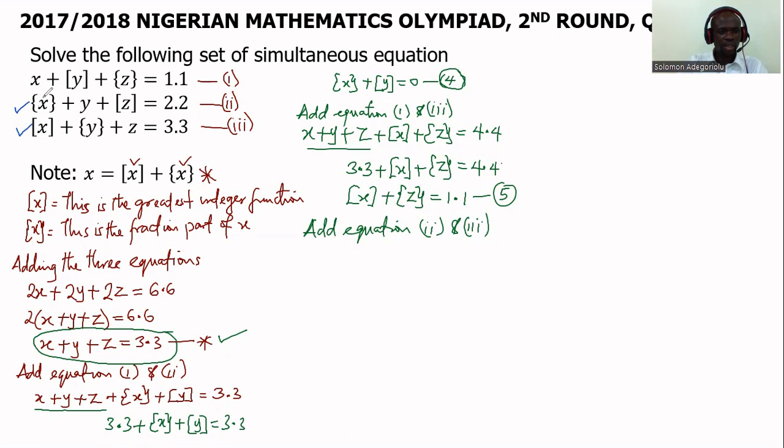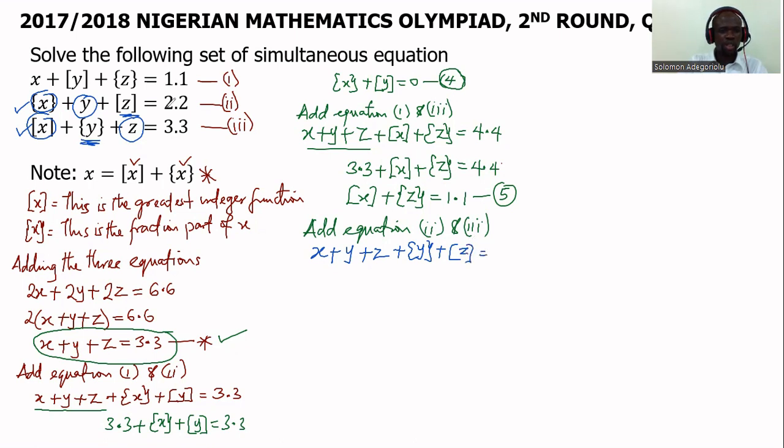So to add this together, let's take a look at this. The addition of these two is going to give us x. So here is x, and plus y here, and here we have z, which is plus z, and we are left with this and this. So we put them here: plus the fraction part of y, and also plus the greatest integer of z.